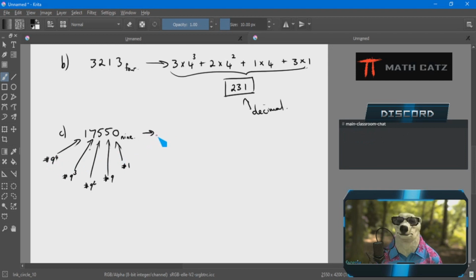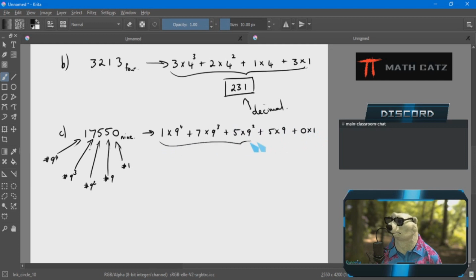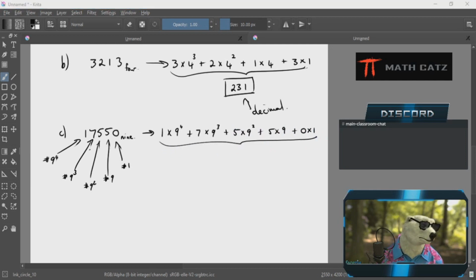So this one's a little bit bigger. 1 times 9 to the 4 plus 7 times 9 cubed plus 5 times 9 squared plus 5 times 9. I'm going to fit it in. And then it's just a formality. Let the calculator tell you what it is.